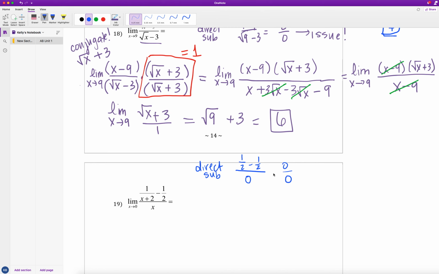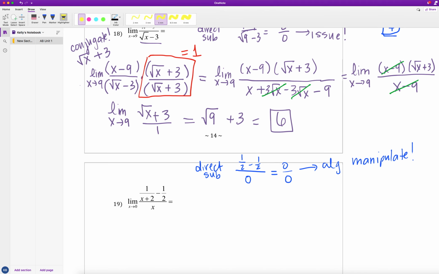So in this case, just like before, I have to figure out some way to algebraically manipulate this because this is going to be an issue since I have our indeterminate form of 0 over 0. So in this case, I'm not going to attempt to factor. I don't have a conjugate that I'm going to worry about since there's no square roots. Instead, I want to get a common denominator.